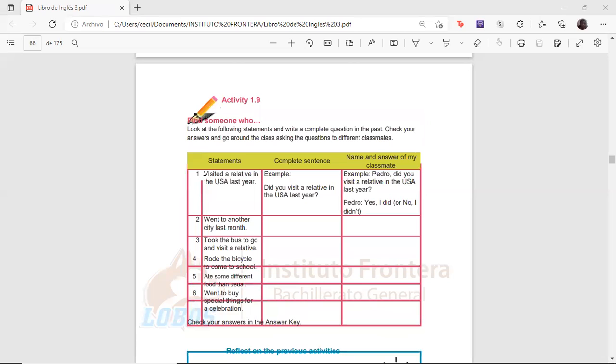Look, it said, I think they have a mix-up here in the writing because it has to say, I visited a relative in the USA last year. Now, complete the sentence using did: Did you visit a relative in the US last year?